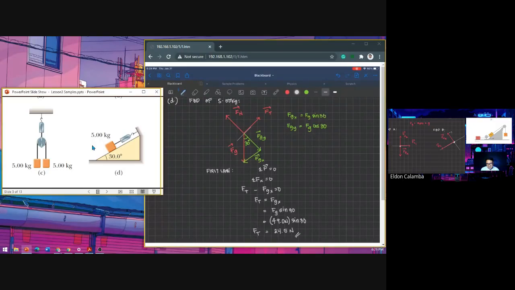So I suggest you solve as many problems as you can. Okay, especially na we are in the online situation, it's kinda difficult to monitor you in your answering of your sheet work.